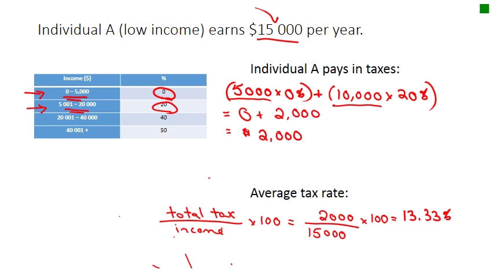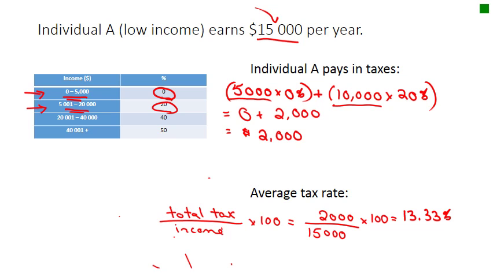Okay, so we've taken care of the first 5,000. Since the person is earning 15, that means that we still have 10,000 in income to take into account. So we look now at the next step. Well, the next step can take into account another 15,000 in income, but for this individual, we only have 10,000 more to take into account.